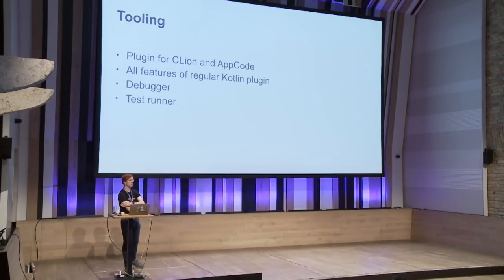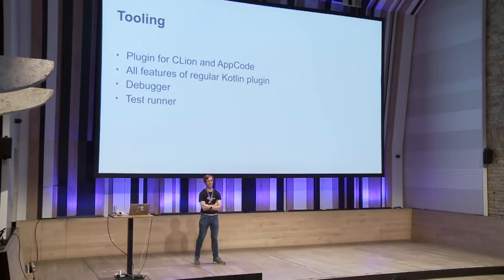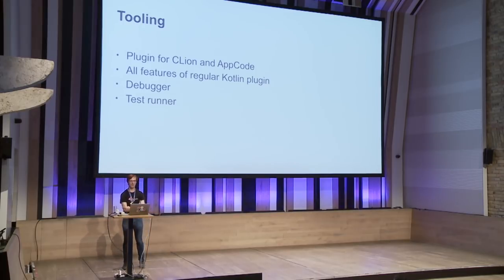The tooling situation right now is also a little bit in flux. Right now what we have are plugins for CLion and AppCode. The plugins are basically full featured, just a repackaged version of the Kotlin plugin that integrates with the native debugger and has its own test runner. We plan to provide a single IDE which you will be able to use to develop all parts of your multi-platform Kotlin projects.